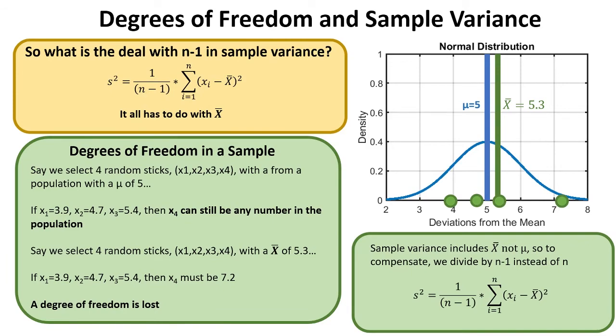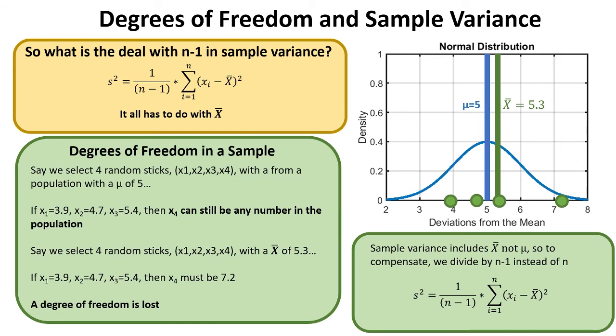So let's go back to variance and deal with this n minus 1 for sample variance. And I said it all had to do with the x bar, which you should be getting an understanding for now. And we have our randomly selected sticks. If we were using mu instead of x bar in this equation, the true mean instead of x bar, then when we took our samples, x4 could still be anything, any number, because we weren't using an estimator to estimate a parameter.